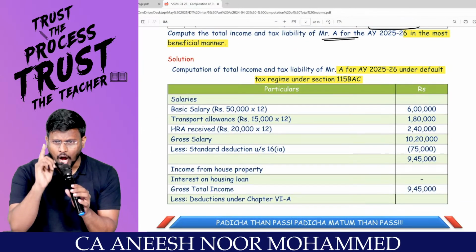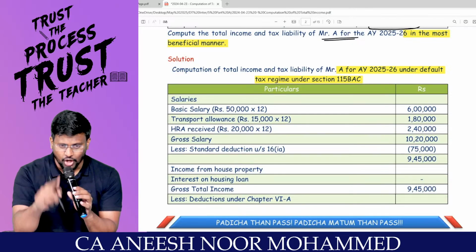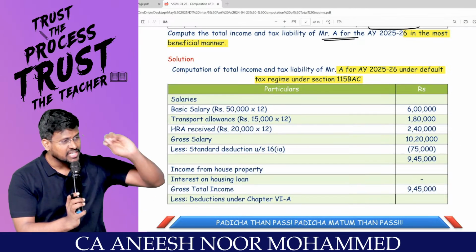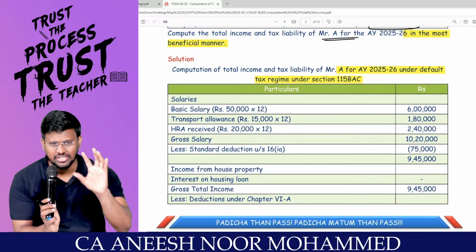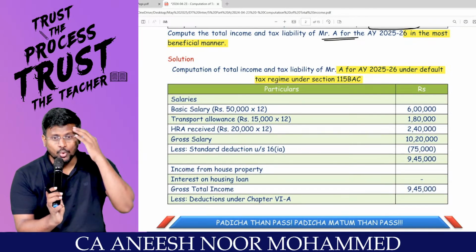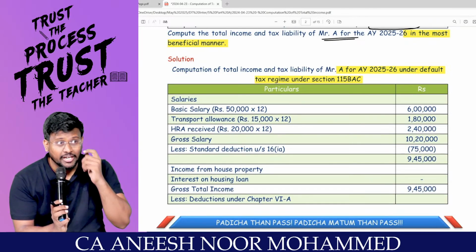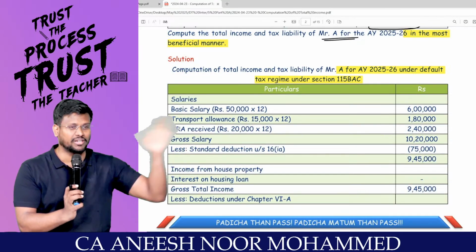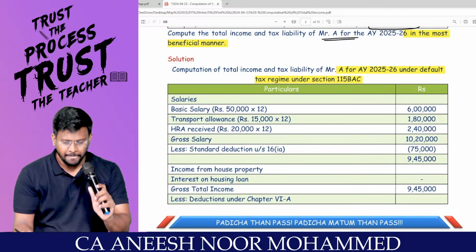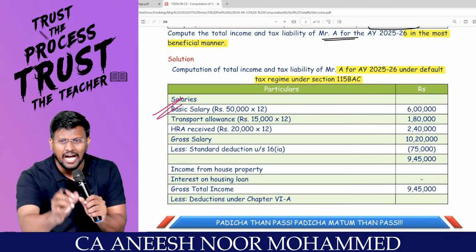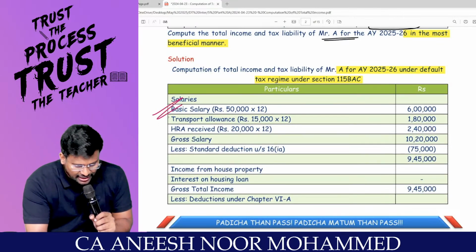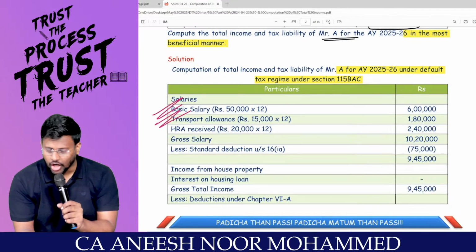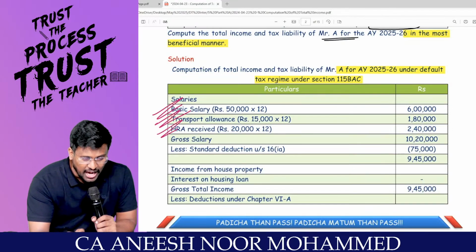Always you do the optional tax regime first, because in the optional tax regime, all the deductions and exemptions are allowed. And when you go through an exemption or deduction, you mark that this should not be taken in the default tax regime. Will the basic salary change? Will not change. Will the transport allowance change? Will not change. Is HRA changing?